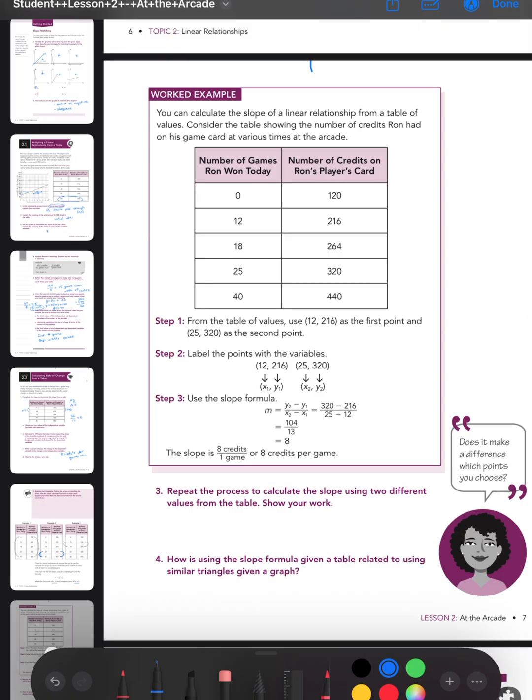Okay, and on the next page, that's just showing us how to use that equation in that example. You'll notice they used the point (12, 216) as our first point, so our x1, y1 was this point. And then they used the point (25, 320) as our x2, y2.